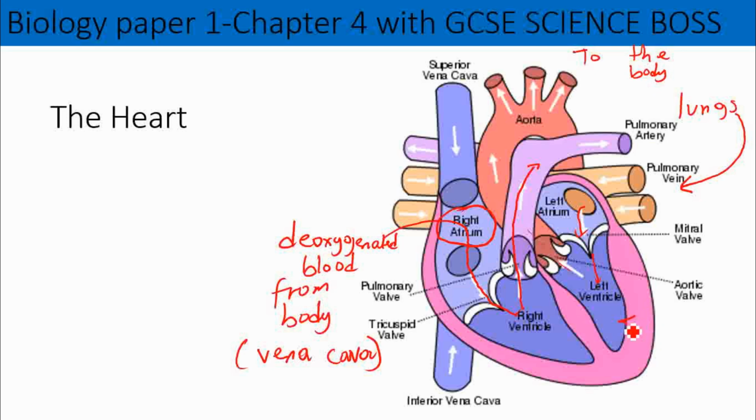Please note as well that your left ventricle is thicker than your right ventricle. Look at the walls of the left ventricle. It is thicker than the walls of the right ventricle. Now, why is that so? This is because the left ventricle is responsible for pumping blood to the body, so it has a harder job.